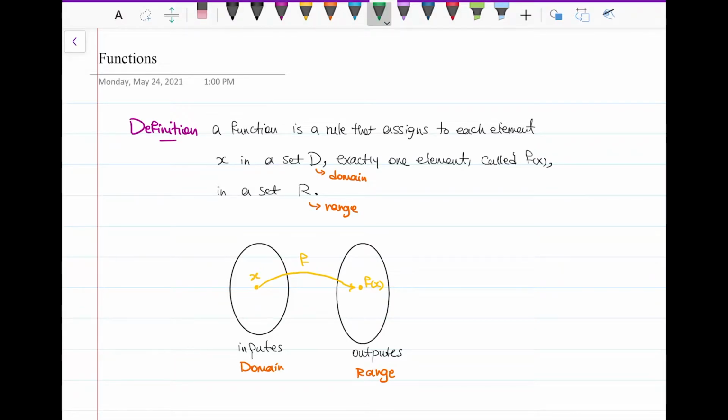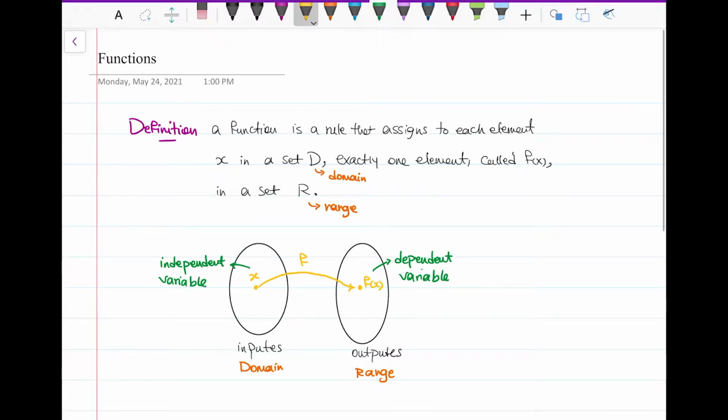So x is called the independent variable, and f of x, or we usually show it by y, is called the dependent variable, because this y in here, the element y, is actually depending on the element x.